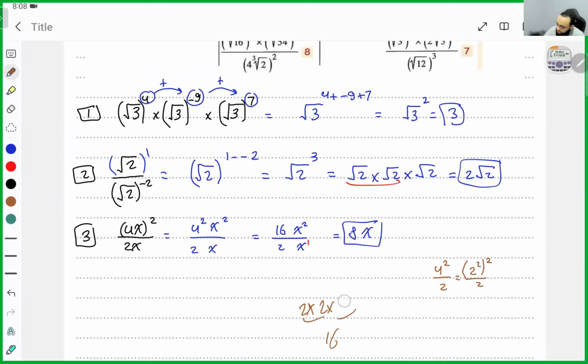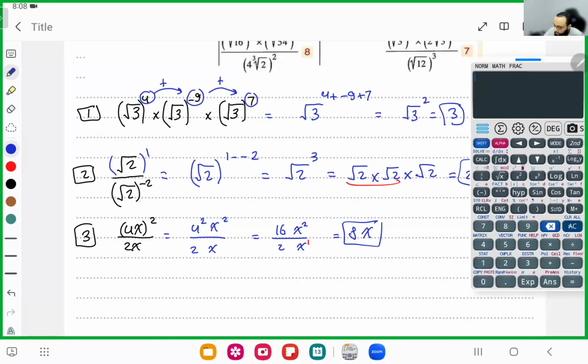And 4 power of 2 is also 16. Now we can write it as 2 power of 4 over 2 power of 1, which is 2 power of 3, which equals 8. It's the same that we get here. Both are correct. Do it any way, and you can do it with the calculator: fraction, 4 power of 2 over 2. It's 8. Any problem?